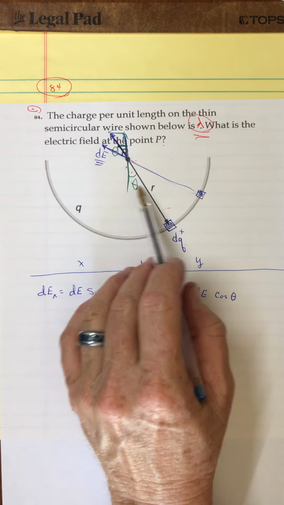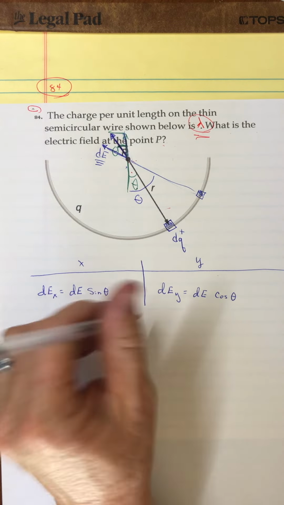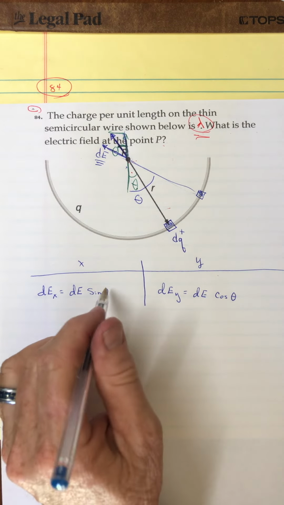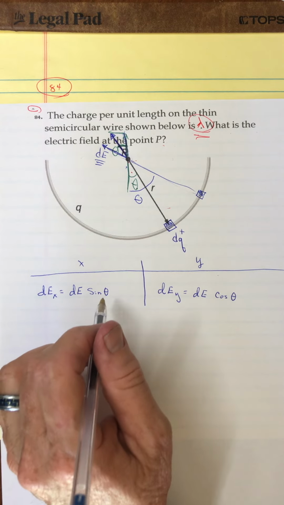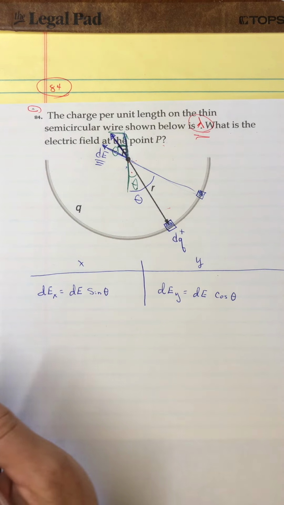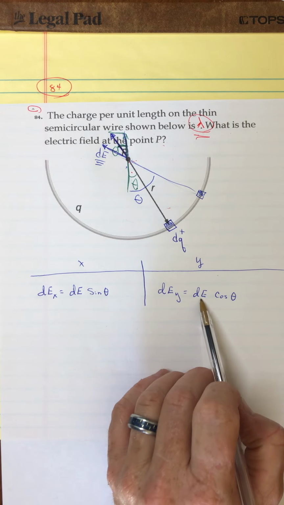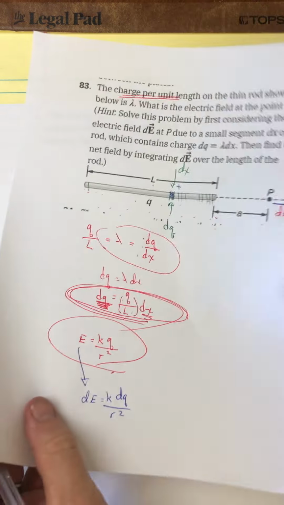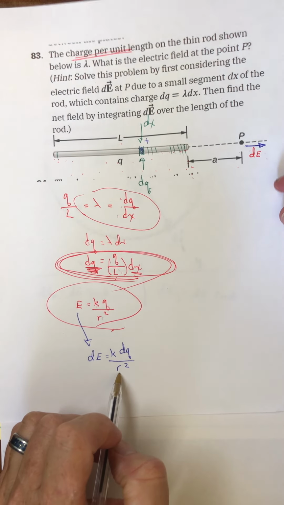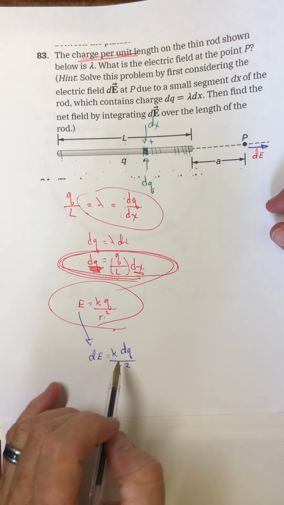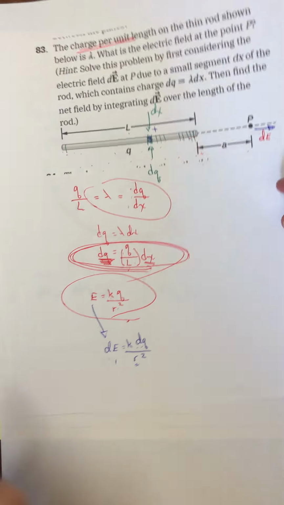And so our angle theta is now a little bigger. But the thinking is still the same, that you're still going to have an x component, which would be the sine of that angle, and a y component, which is the cosine of that angle. And the magnitude doesn't change, because as we go around, each little chunk has the same distance away.